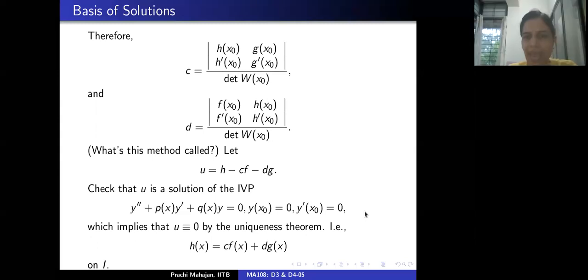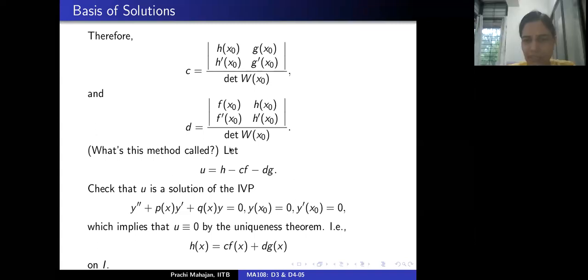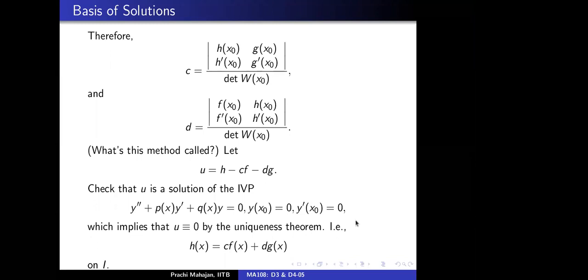And the uniqueness theorem tells us that there is a unique solution to this initial value problem on the interval I. So if you have any other solution of this initial value problem, that must be identically 0 on the interval I. So U is identically 0 on the interval I. I will include that here. Does that answer your question? Yes, ma'am. It clears my confusion. Thank you.